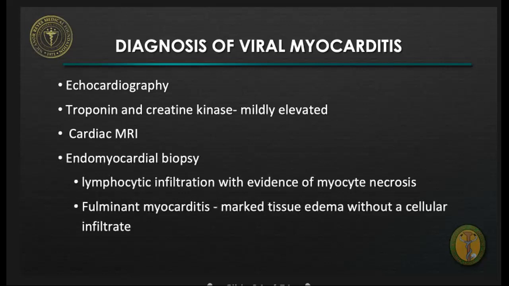An endomyocardial biopsy is warranted, so this will show lymphocytic infiltration with evidence of myocyte necrosis. But this is rarely done nowadays. So fulminant myocarditis is characterized by a marked tissue edema without a cellular infiltrate.